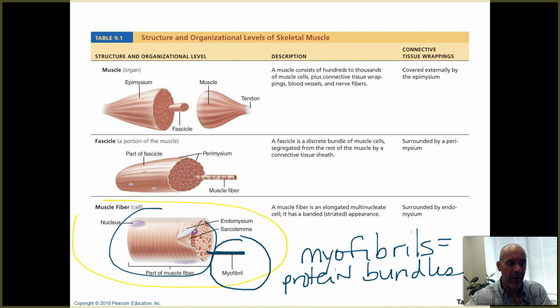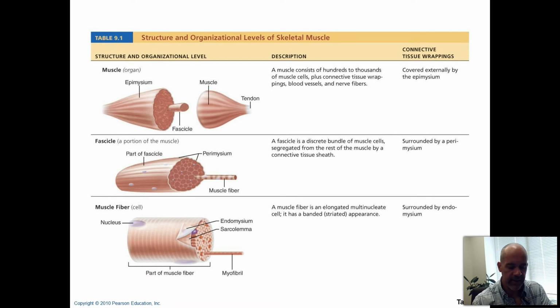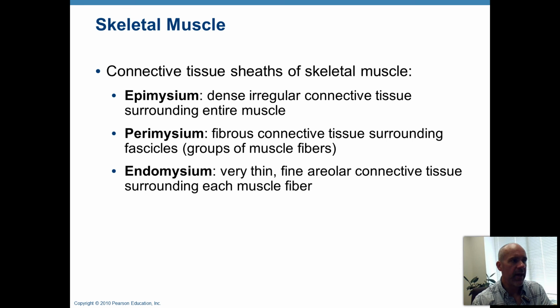Everybody knows that: if you need a good source of protein, you eat meat. That's because skeletal muscle tissue, when you get down to the cell level, is filled with all these little myofibrils that are bundles of proteins important for contraction. We'll be seeing a whole lot more about that as we move through this unit. Now this slide has written out what I already talked about on the diagram, so that's there for you if you want to review.